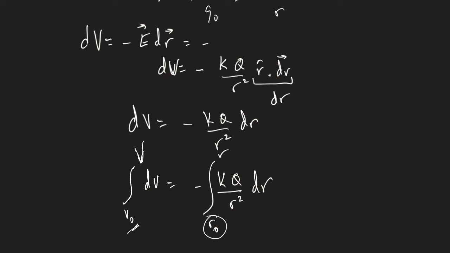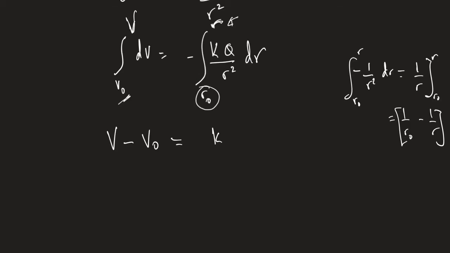And we assign the potential V when the radius is R. This integral is KQ times the integral of minus 1 over R squared dr, and the integral of minus 1 over R squared dr is this value.